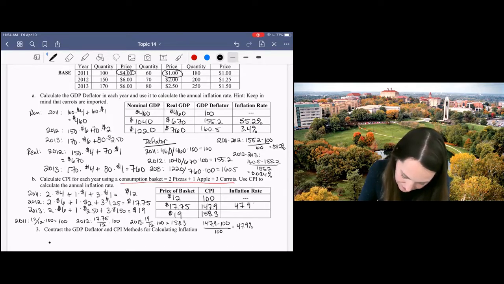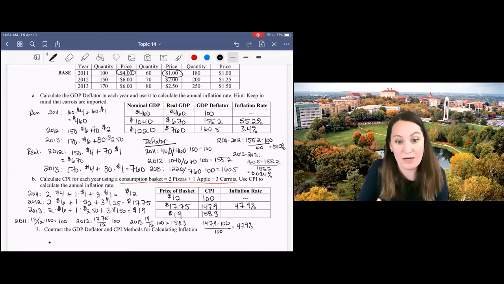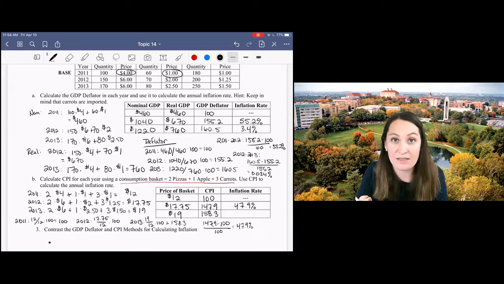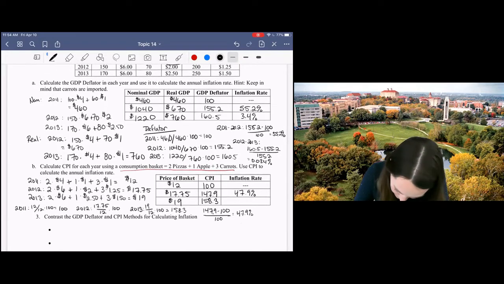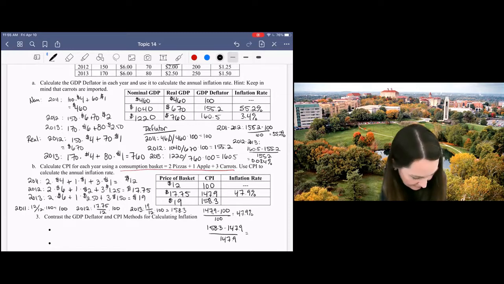And again, that's always going to be equal to the difference between your CPI in each year, but that's only because your denominator in this case is 100. So you need to do the new minus old over old, because that's not going to be the case when we go from 2012 to 2013. And that's going to give me 7%.